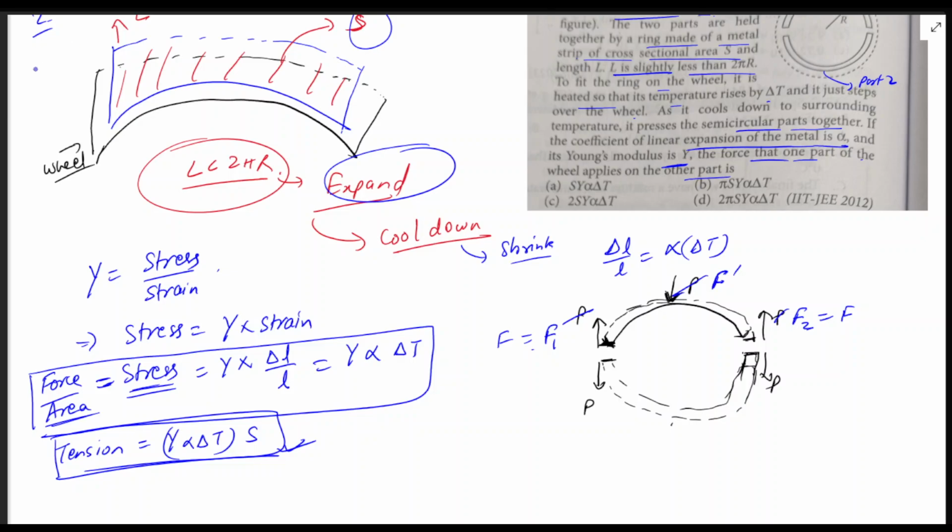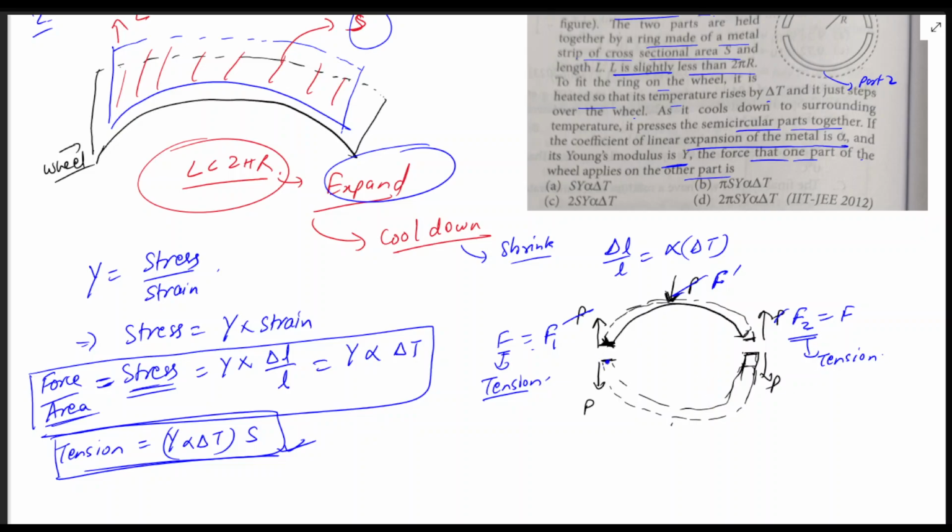So what is happening is the tension will be the same in the whole strip, and due to this, the tension will be the same in the whole wheel. So this part applying this force is actually nothing but the tension itself. Similarly, this is nothing but the tension itself.